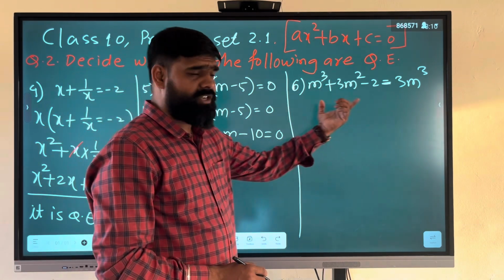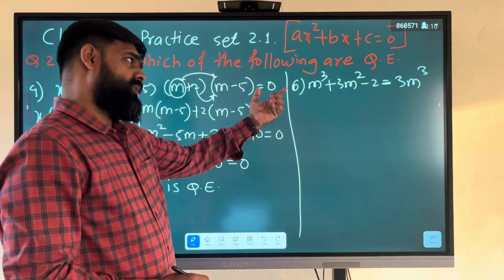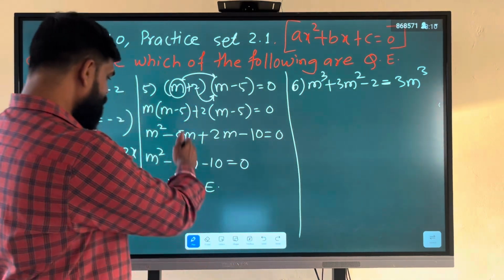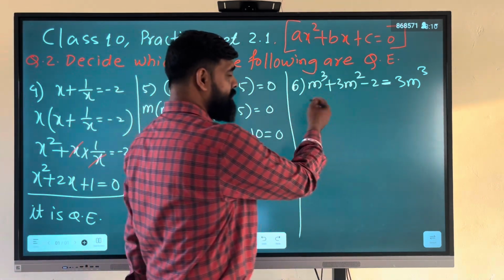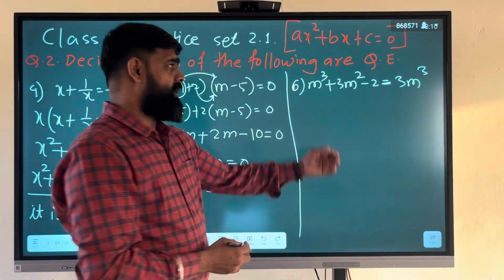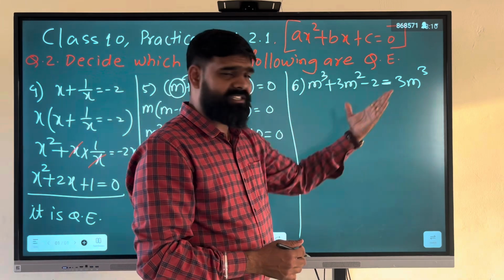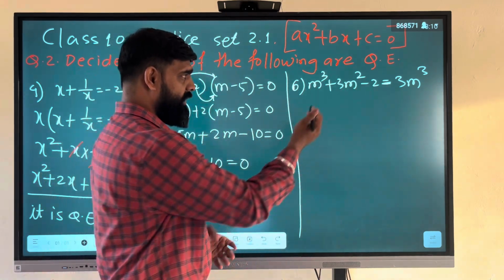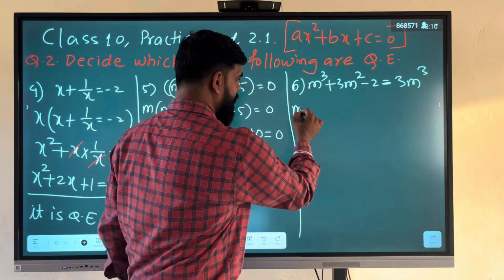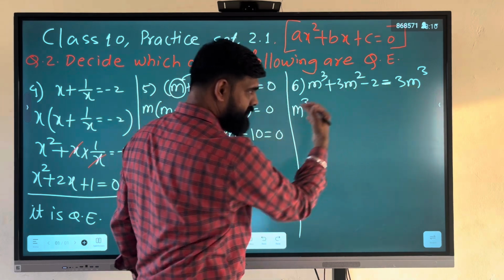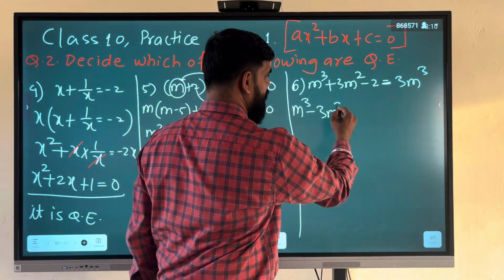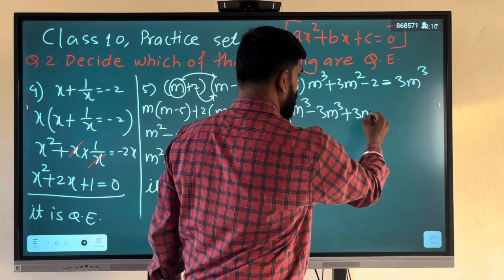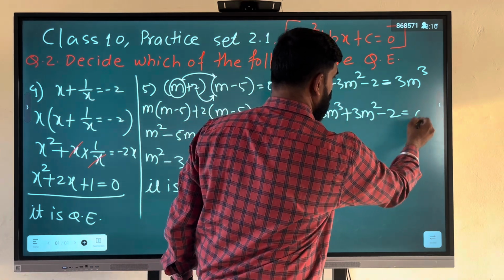Now question number 6. As with the earlier questions, we have to simplify this also. So how to simplify this? Let us bring all the similar terms beside each other. So bring this 3m cube to the left hand side; this will become minus 3m cube plus 3m square minus 2 is equal to 0.